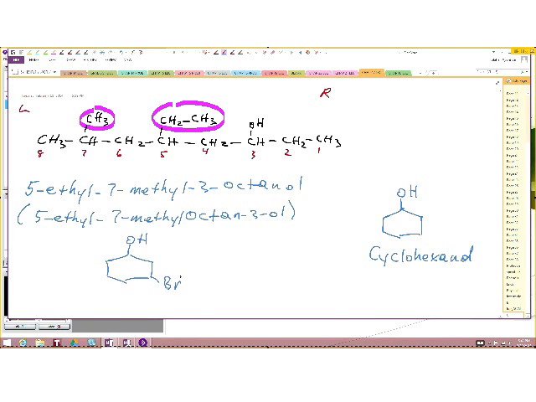What are we going to call this? Keep in mind the hydroxy must be given position number 1. So this is 1, right? Very good. 1, 2, 3, 4, 5, and 6. So this becomes 3-bromocyclohexanol.